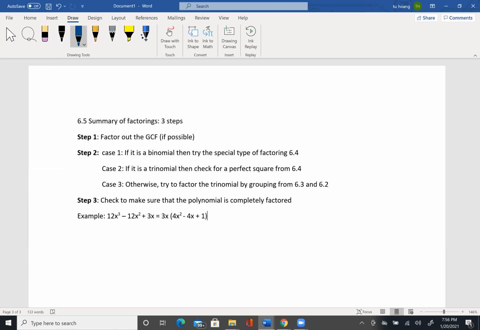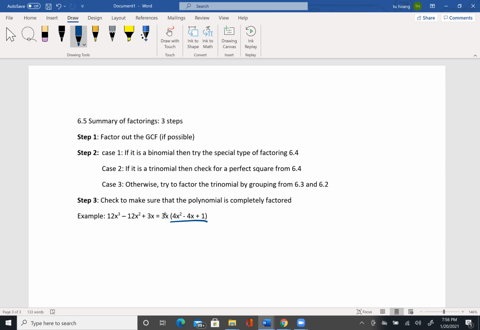Now I'm going to move to step 2. Is it case number 1? Is there any binomial in here? No. Is it case number 2? Is that a trinomial? Yes, there is a trinomial over here. 4x squared minus 4x plus 1. Can I make this become a perfect square?